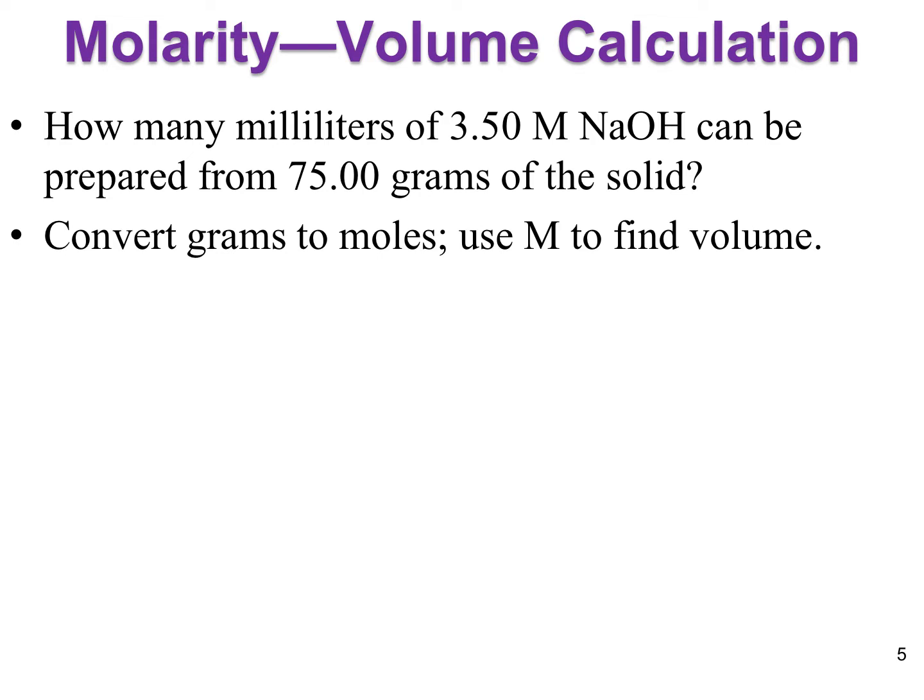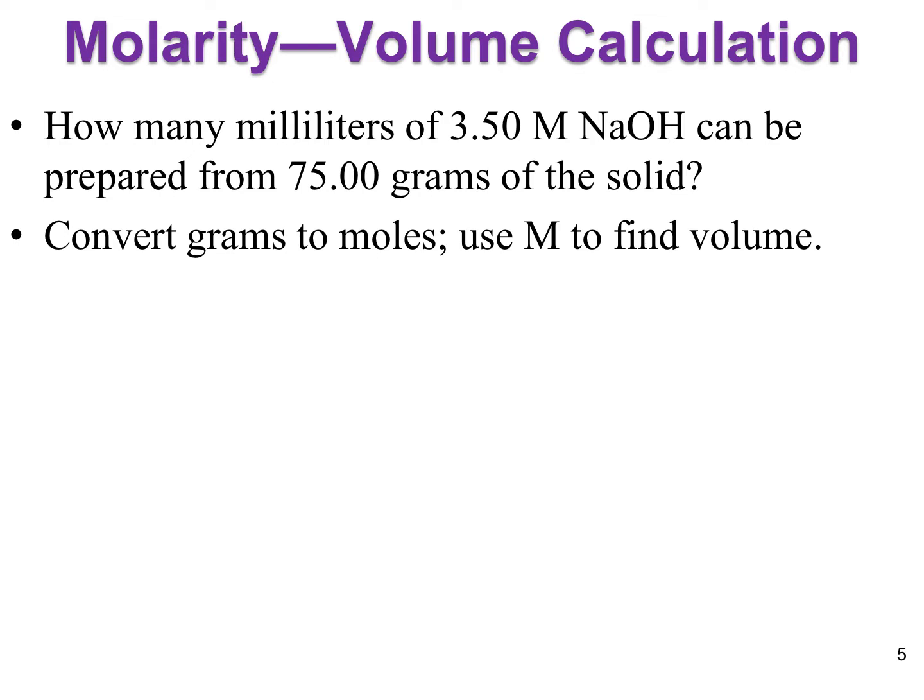In this second problem, the concentration of sodium hydroxide solution is given as 3.50 molar or 3.50 moles NaOH per liter of solution. The volume of the solution in milliliters is desired given that the solution is made with 75.00 grams of solid sodium hydroxide.